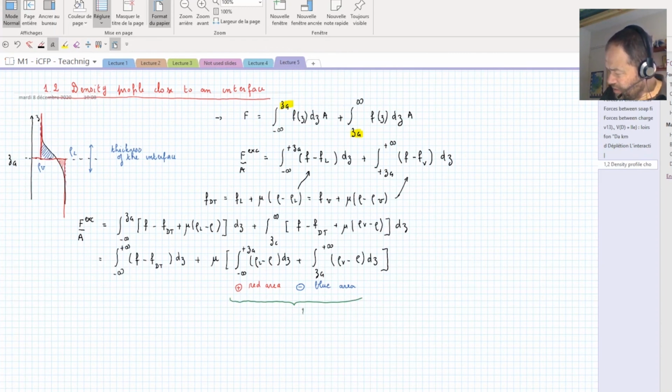It's kind of an excess quantity of particles, divided by A, the area of the surface. It is the number of particles which are at the surface compared to the situation in which we had defined the profiles as a step profile.